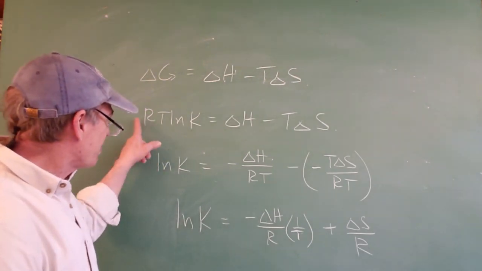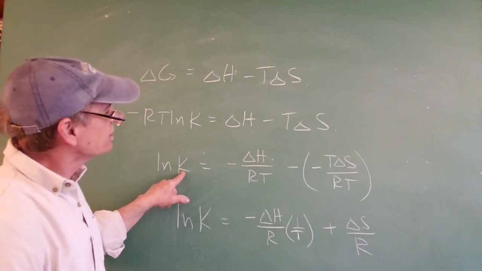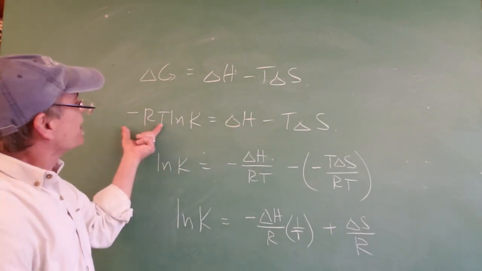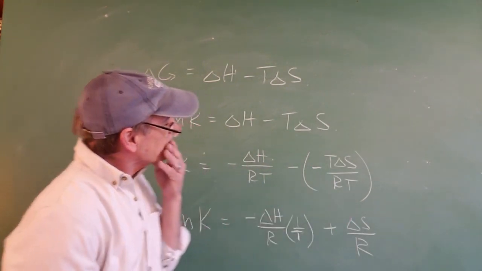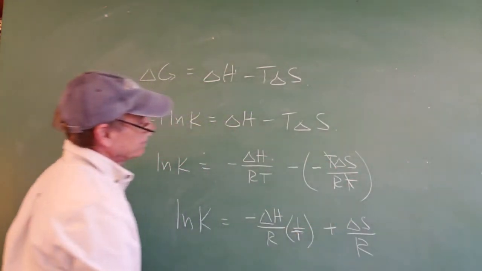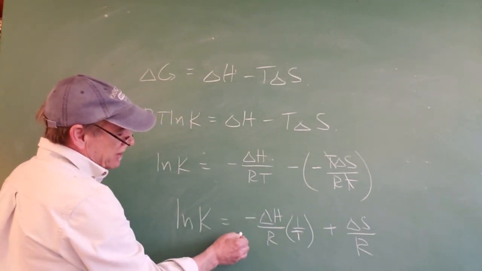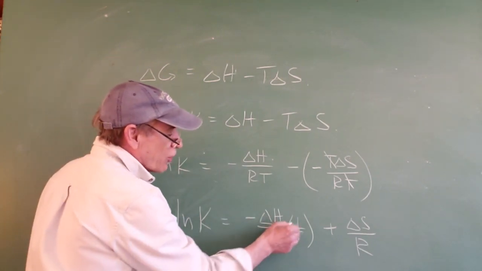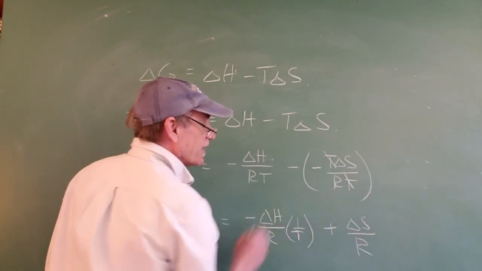If we divide both sides by minus RT, suddenly the natural log of the equilibrium constant is equal to negative delta H over RT, because I divided by a negative RT here and here. The temperatures cancel out at this point on the entropy term. If I separate out the temperature in the denominator, the natural log of K is minus delta H over R, times 1 over T, plus the delta S over R that's left over at the end.